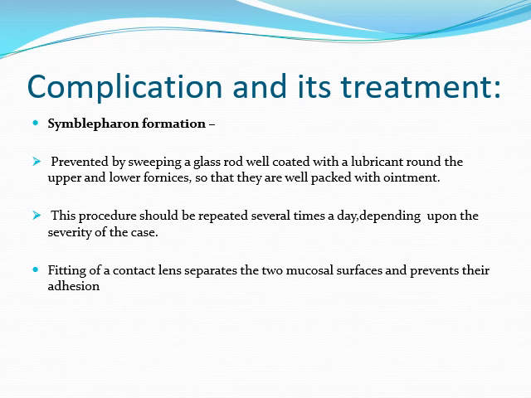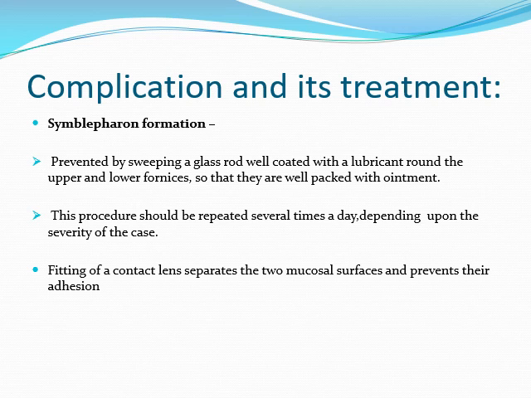Now treatment of the complications. Symblepharon formation is prevented by sweeping a glass rod coated with a lubricant. So in the fornices, go on sweeping a glass rod which is to be coated with lubricant. So that prevents the approximation of the two raw surfaces between the palpebral conjunctiva and the bulbar conjunctiva, so that they are well packed with the ointment.